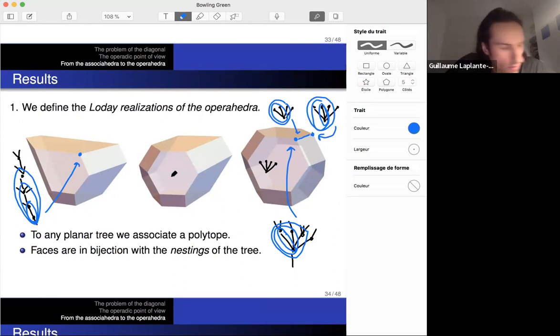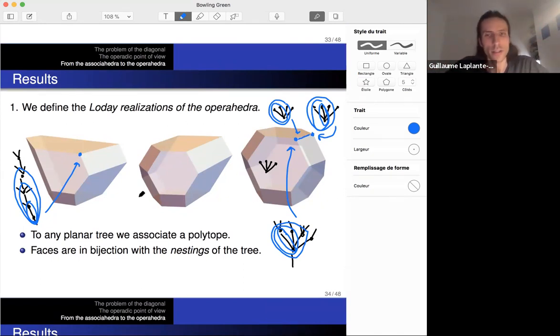Yeah, thank you. But I guess to define the actual polytopes, I have a way of getting coordinates out of a parenthesization, and for this I need an ordering of the edges. But yeah, you're right. You can define an ordering on the edges of non-planar trees.